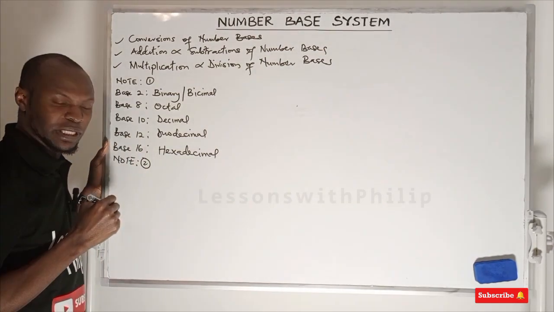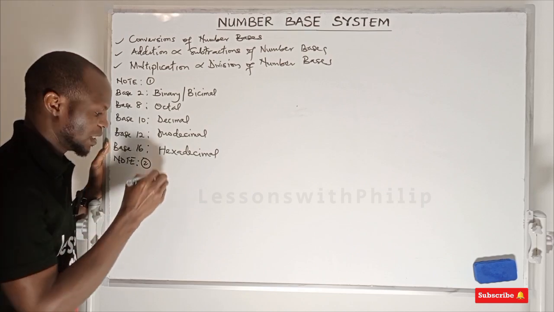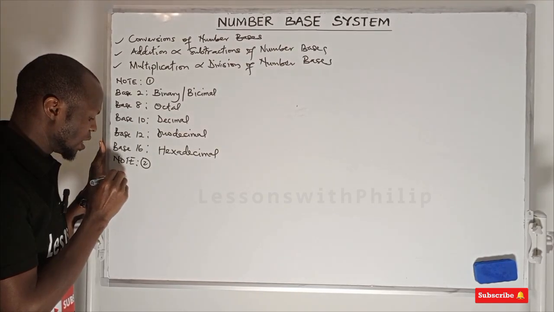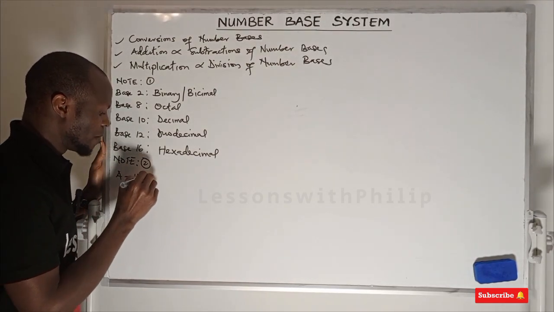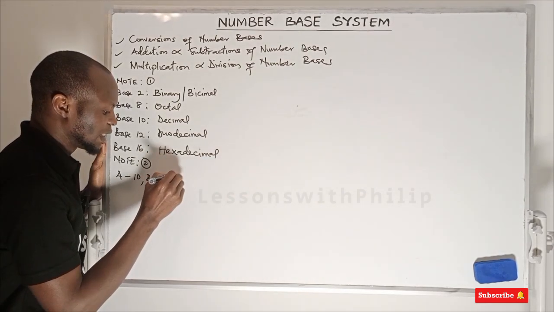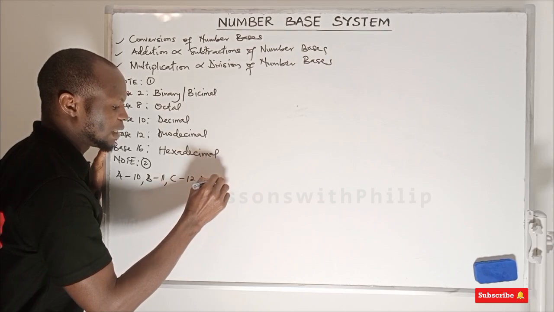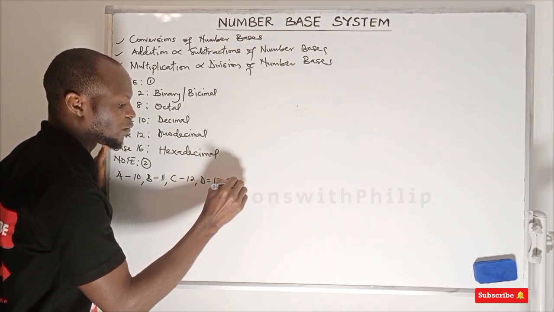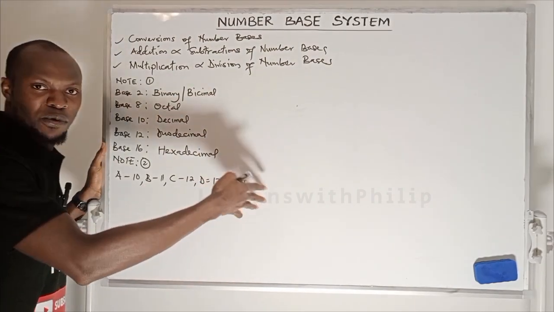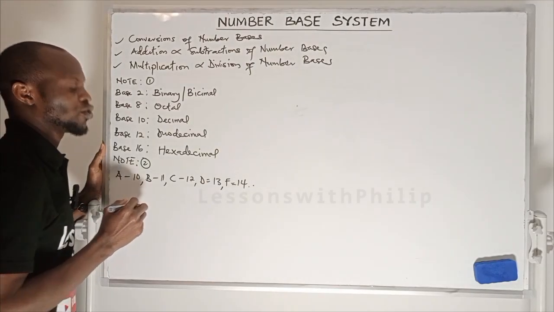For example, A is attached to 10, B is attached to 11, C is attached to 12, D is attached to 13, and so on and so forth. When we come to the application of this, I will let us know. Let's start with conversions.